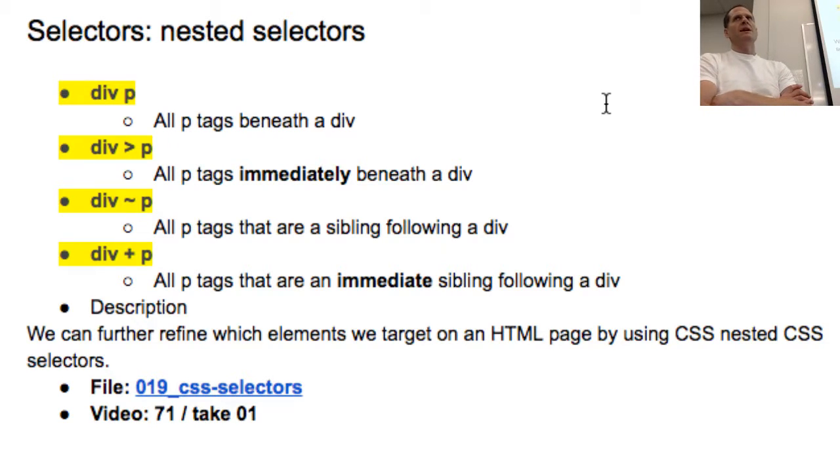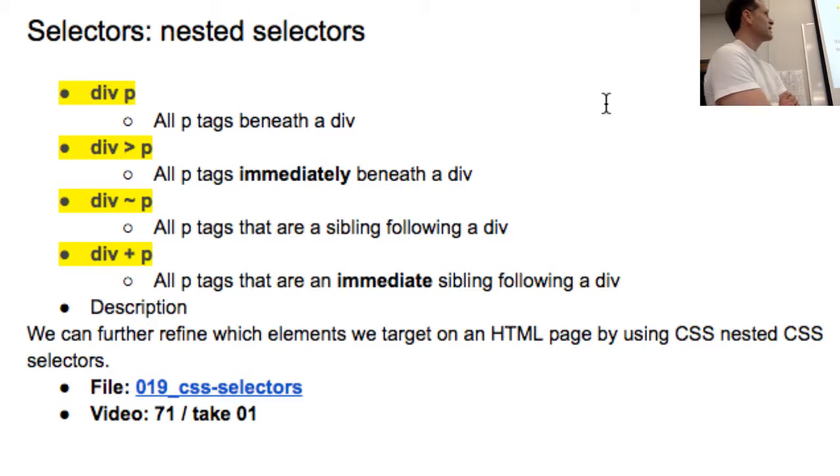What mnemonic device can we use to remember these things? Because I need one. Or do you just have to use rote memory? Anybody got one? How do we remember that tilde is all siblings following? How can you remember that tilde, which looks kind of like an S, is all siblings following?